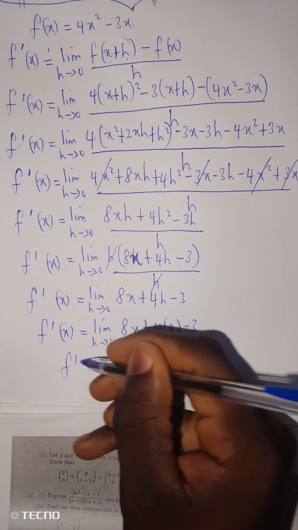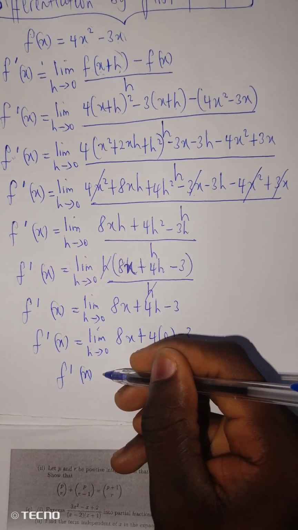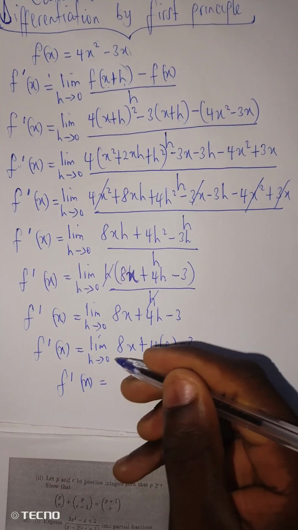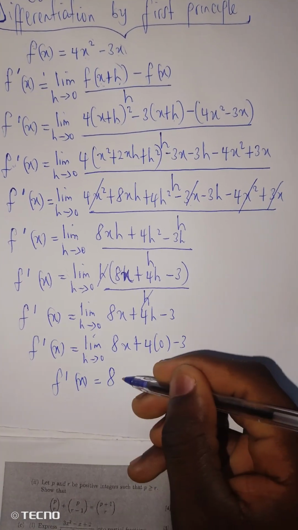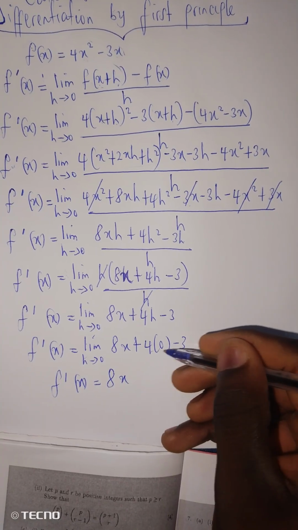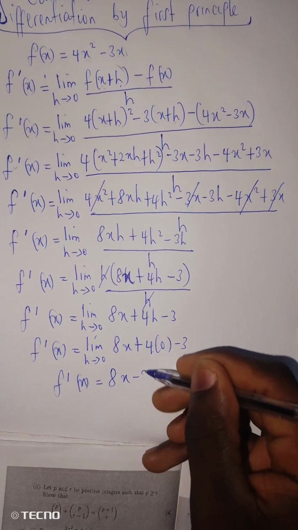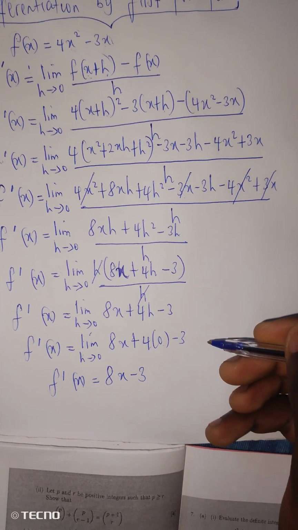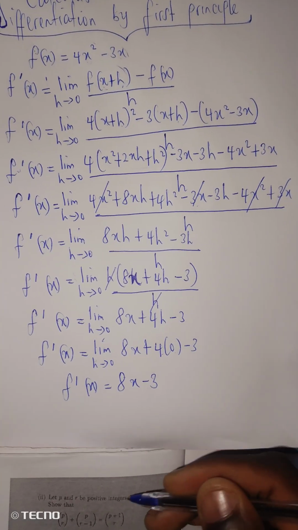So f prime is equal to, now the derivative will be equal to 8x, that is what I'm remaining with, then 4 times 0, that is just 0, so I'll remain with minus 3. So basically this is the derivative.